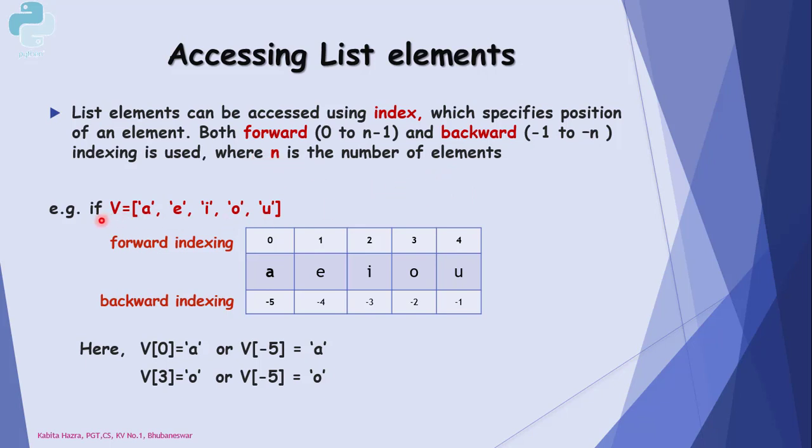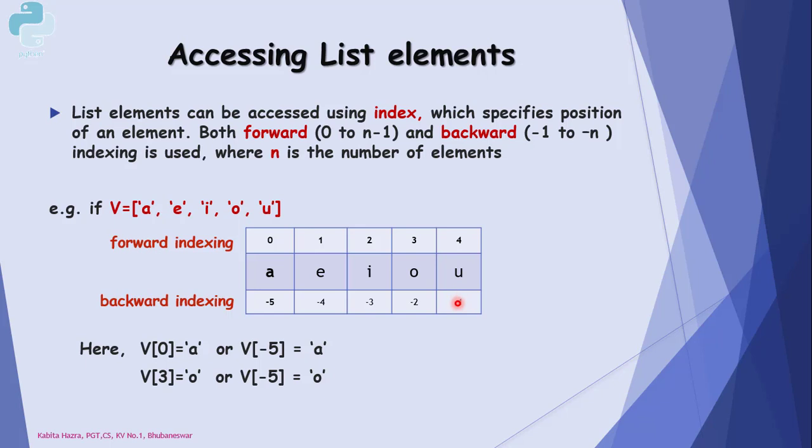For example, let us consider a list of vowels A, E, I, O, U. Here the forward indexing will be from 0 to 4. So the element at index 0 is A, the element at index 1 is E, the element at index 2 is I, the element at index 3 is O, and the element at index 4 is U. Similarly, backward indexing starts with -1 and ranges to -5.